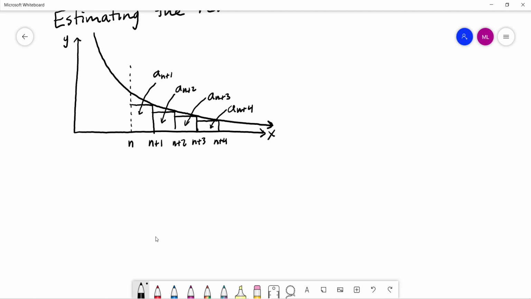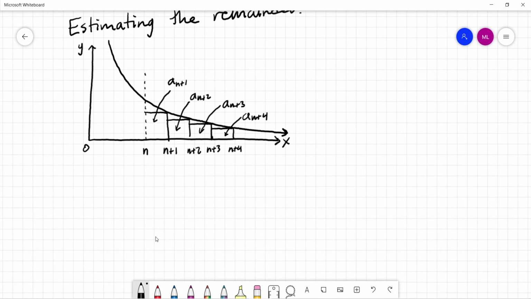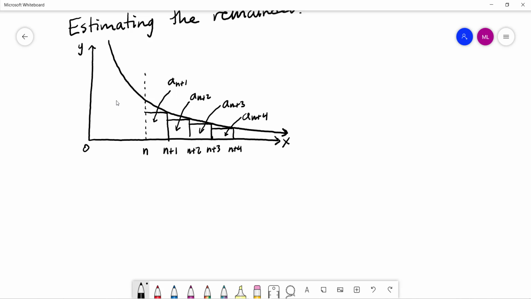If we think about how this is going to work, the assumption is we've already accounted for all of the sum to the left of this. So here's the partial sum, S sub n. Granted, it's going to look like a series of a bunch of rectangles, whatever it happens to look like. But basically, everything to the left of n is stuff that's already been included in our partial sum, S sub n.